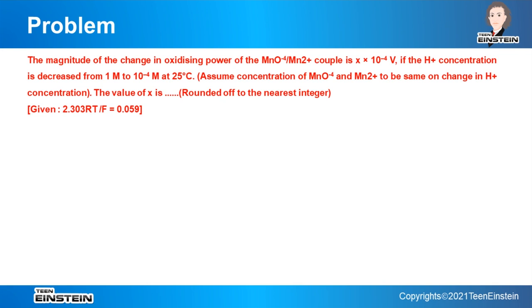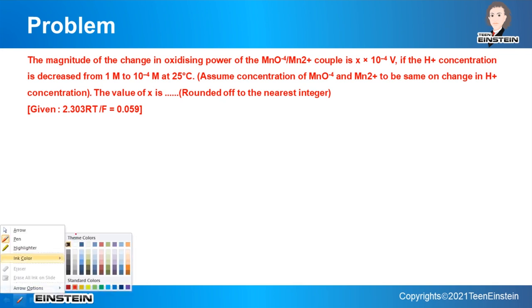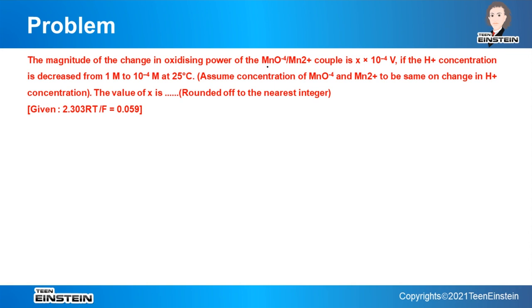Another problem: the magnitude of the change in oxidation power of MnO4 minus Mn2 plus couple, and that is x into 10 to the power minus 4. Here don't be confused between these two signs. It is actually x into 10 to the power minus 4 volt.